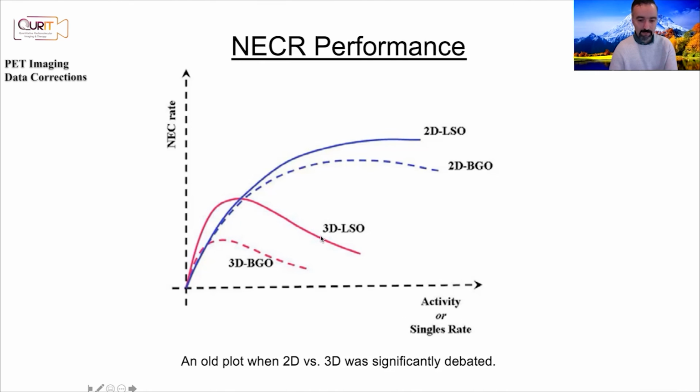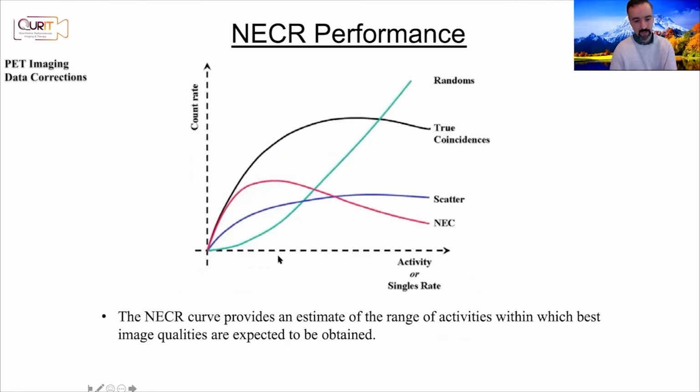So that's one reason people have switched to 3D. And these curves have improved, by the way. These curves have improved and improved over the years. So that's why people have gradually switched to 3D imaging and to LSO crystals, though there are BGO cameras, because of more affordability, that are still out there, and they're very good cameras too.